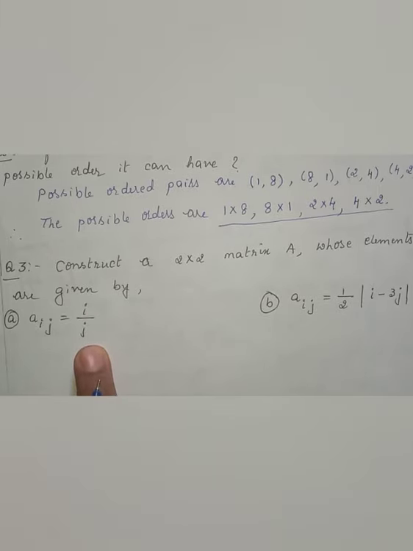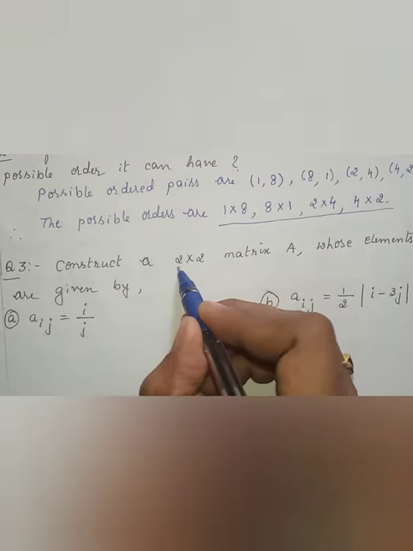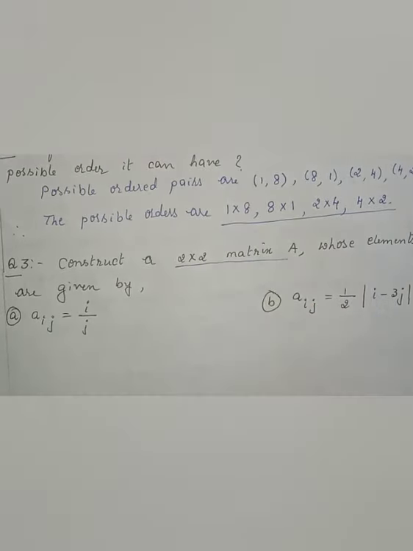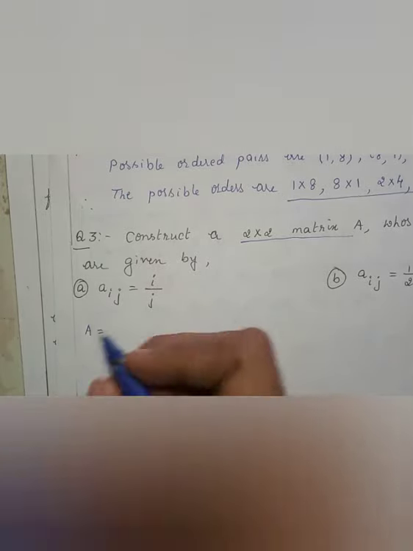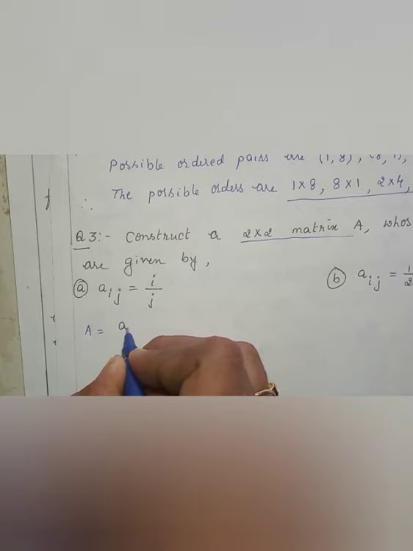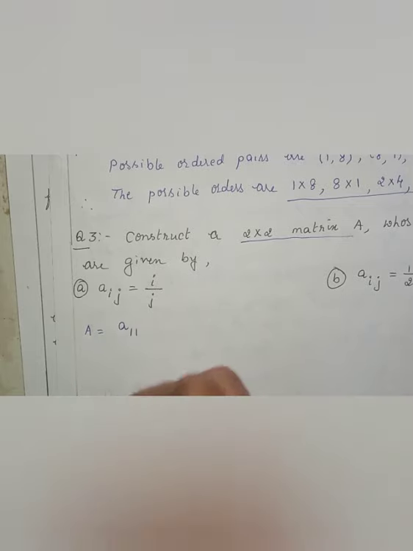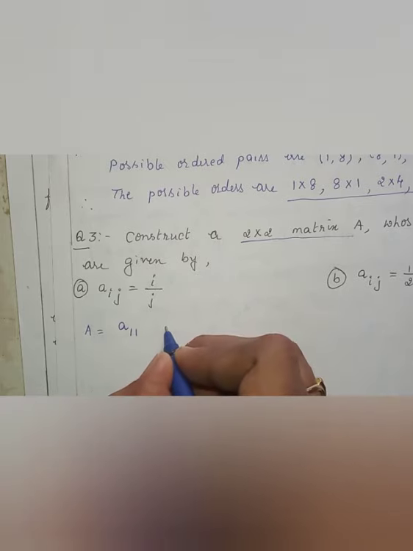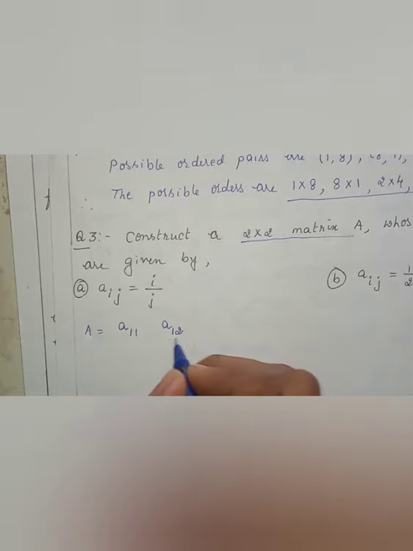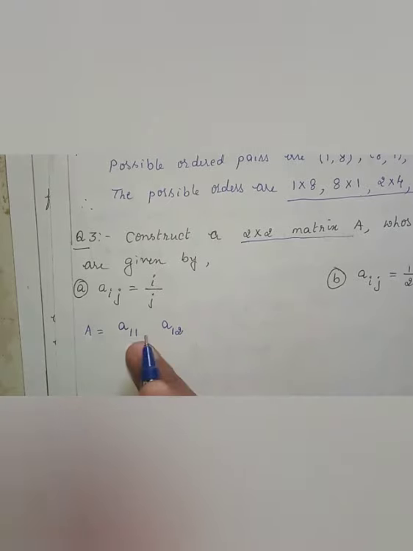First we write what a general 2 by 2 matrix A is. The general 2 by 2 matrix A has the first entry A11, that is first row, first column. After that A12. We stop here because the first row of a 2 by 2 matrix has only 2 columns.